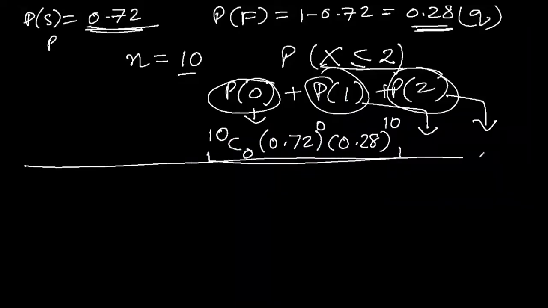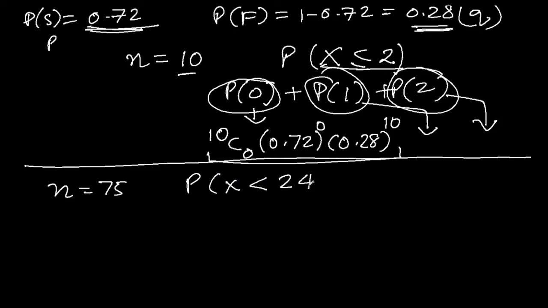In case the number of attempts is very high, say n is 75, so I try the bowling alley 75 times, and I want to find the probability that my success is less than 24. And I want to use binomial distribution.